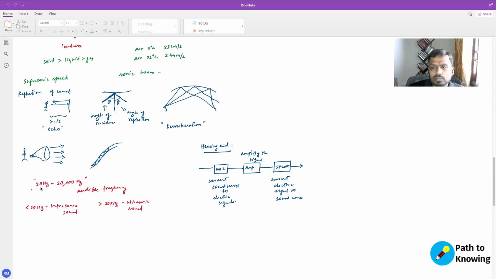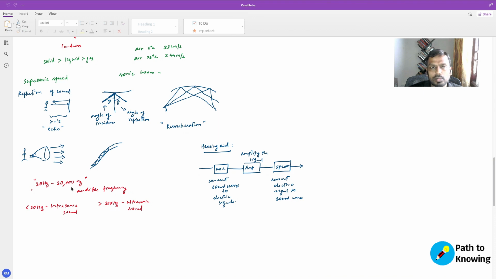Now, in this section, we will also talk about how we can extend this for high frequency sound waves, and how that can be of help. Typically, sound waves which are greater than 20,000 hertz have even better use than the normal sound, and they have a wide range of use.